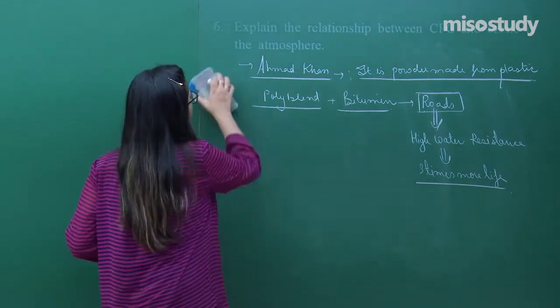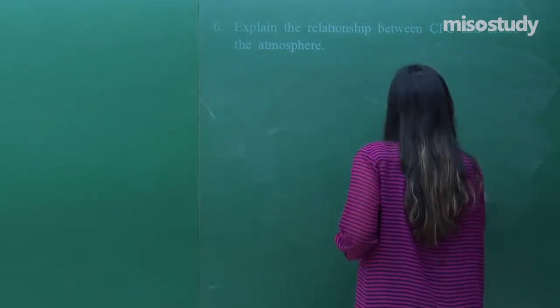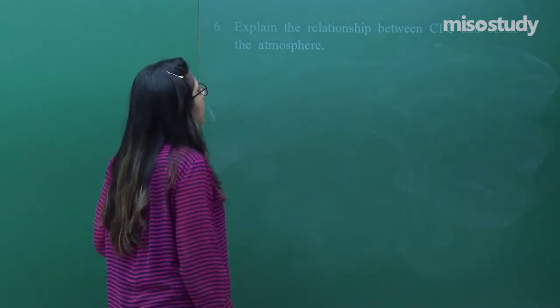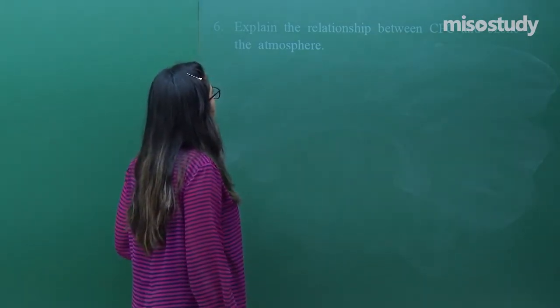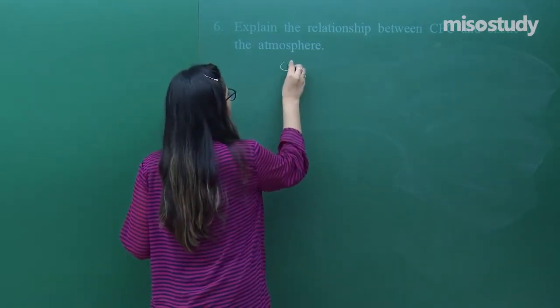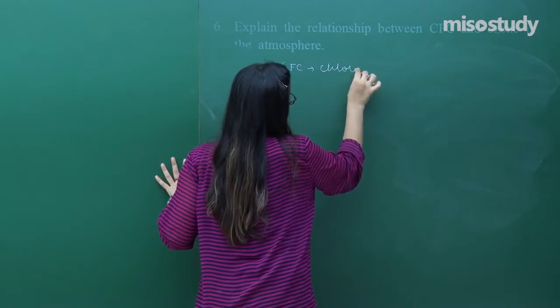Again the same category, that is of 2 marks. Explain the relationship between the CFC and the ozone in atmosphere. Now one thing, what is a CFC? CFC is called chlorofluorocarbon.